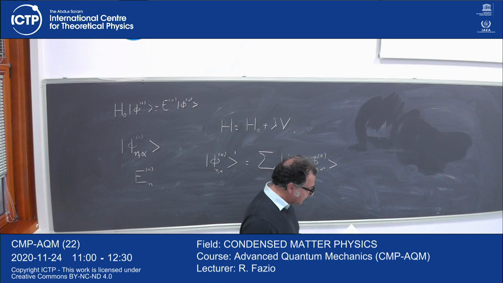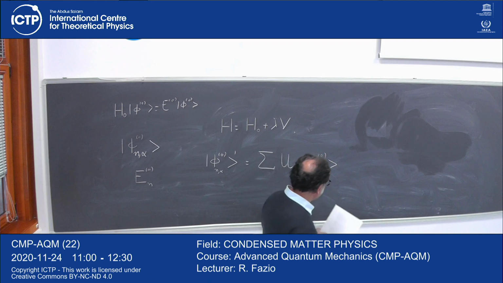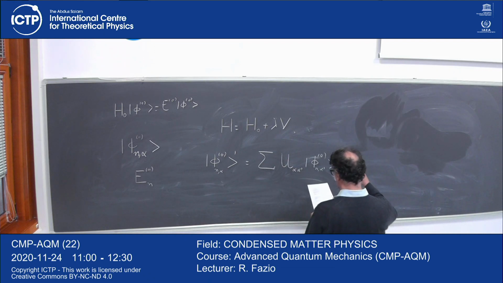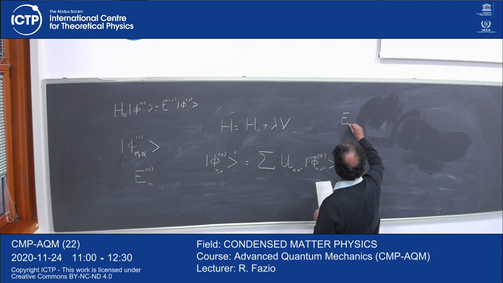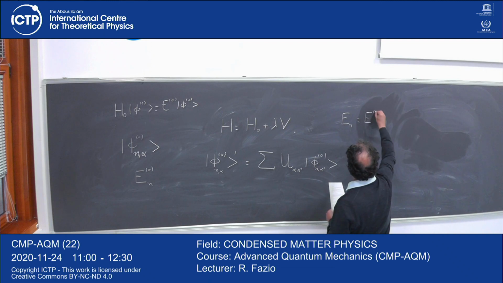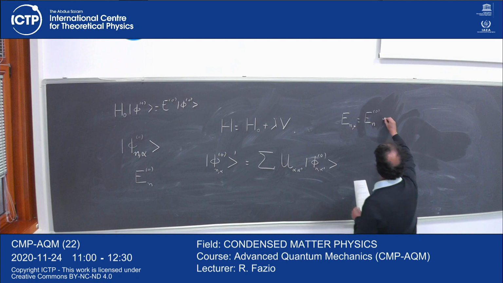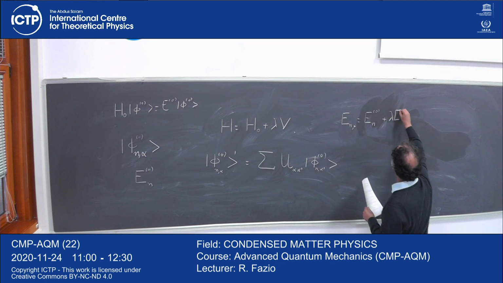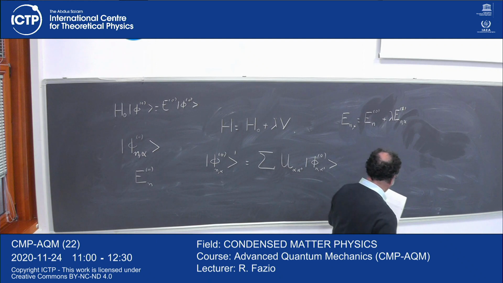So I will proceed as before, and I will just assume that E n is equal to E0 n alpha plus lambda E1 n of alpha.